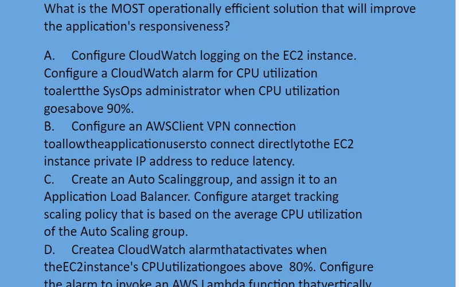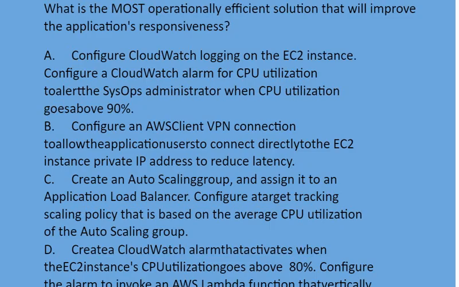Option A. Configure CloudWatch logging on the EC2 instance. Configure a CloudWatch alarm for CPU utilization to alert the SysOps administrator when CPU utilization goes above 90%. Option B. Configure an AWS Client VPN connection to allow the application users to connect directly to the EC2 instance's private IP address to reduce latency.